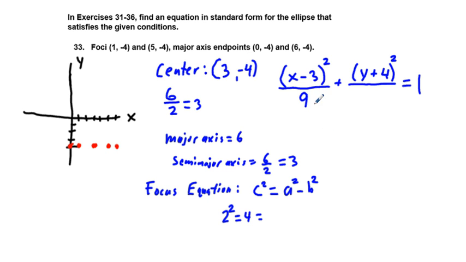It's going to be equal to a squared, well, a squared is equal to 9, minus b squared. And if we subtract 9 from both sides of this equation, we're going to have negative b squared is equal to 4 minus 9, or negative 5. So b squared is equal to 5. And so b is equal to the square root of 5.